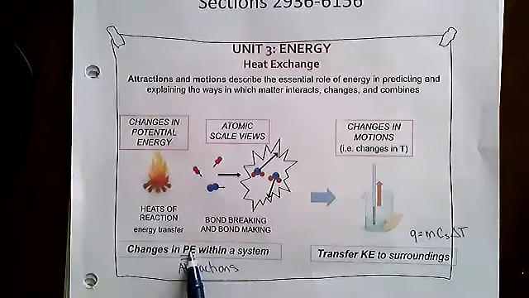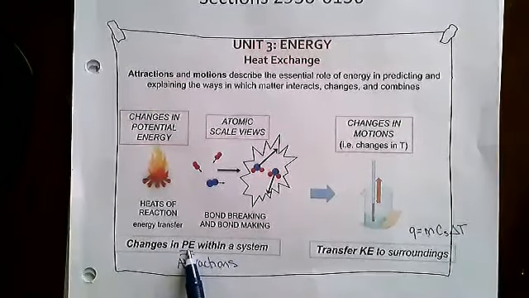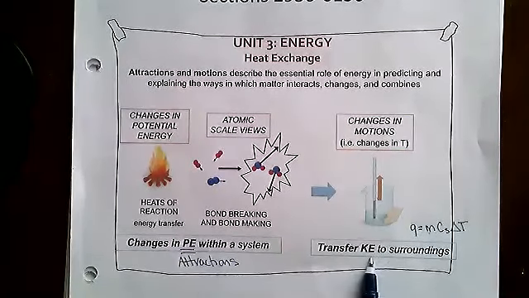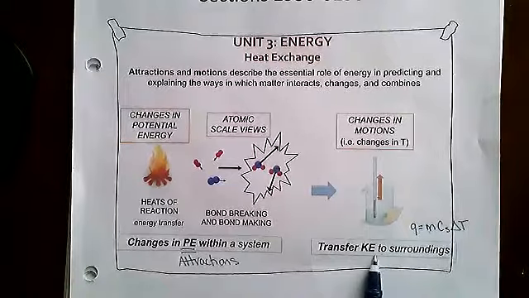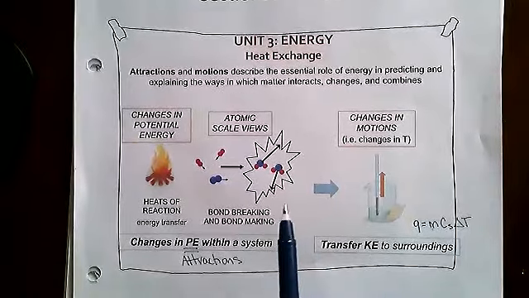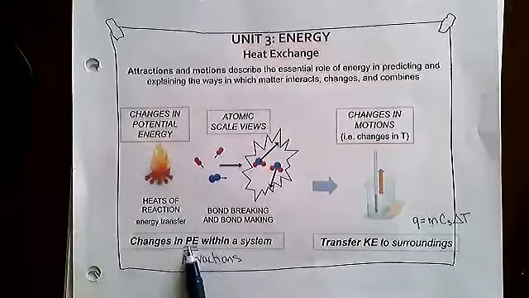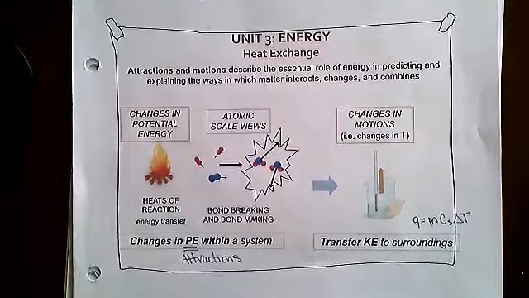And anytime potential energy changes, kinetic energy changes to conserve energy. And that is why kinetic energy gets transferred either to the surroundings or from the surroundings. So lectures 18, 19, 20, we're all in this area, thinking about changes in potential energy and how we quantify how much energy is getting transferred.